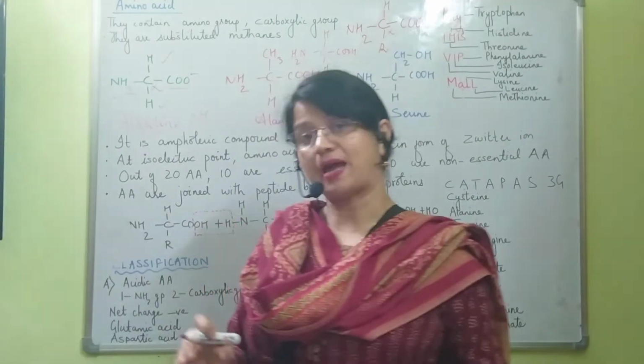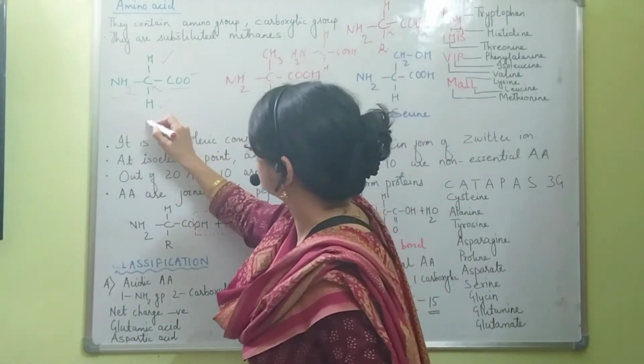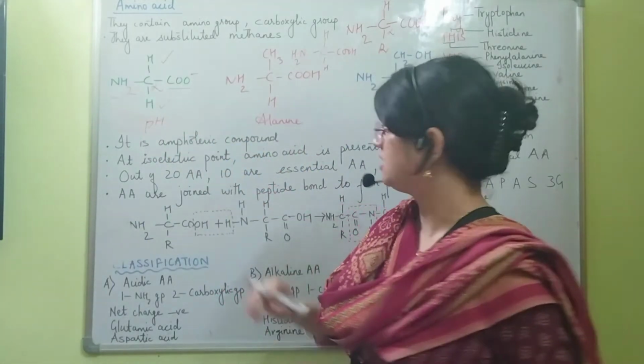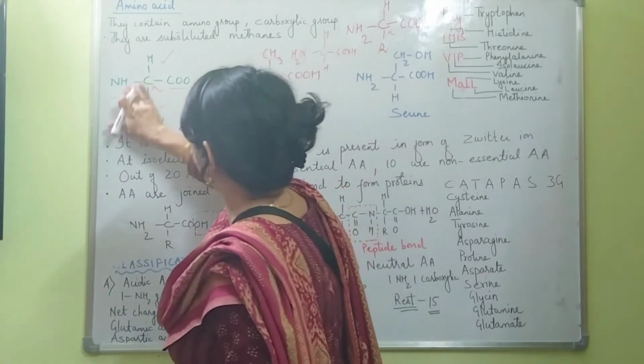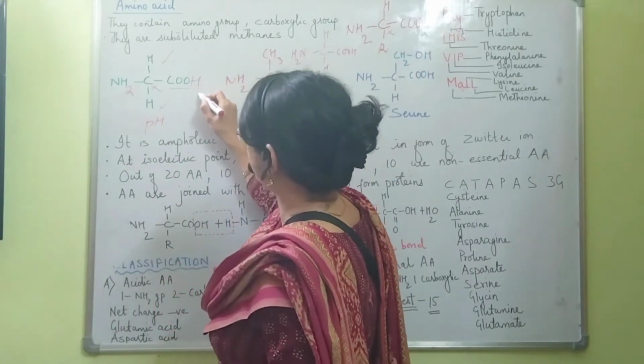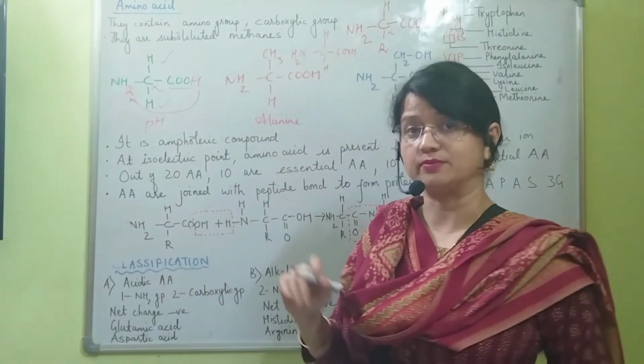But what happens if we maintain a pH where there will be only intramolecular transfer of the hydrogen ion? Suppose we have maintained such a pH, what will happen? This hydrogen ion will be accepted by this amino group.